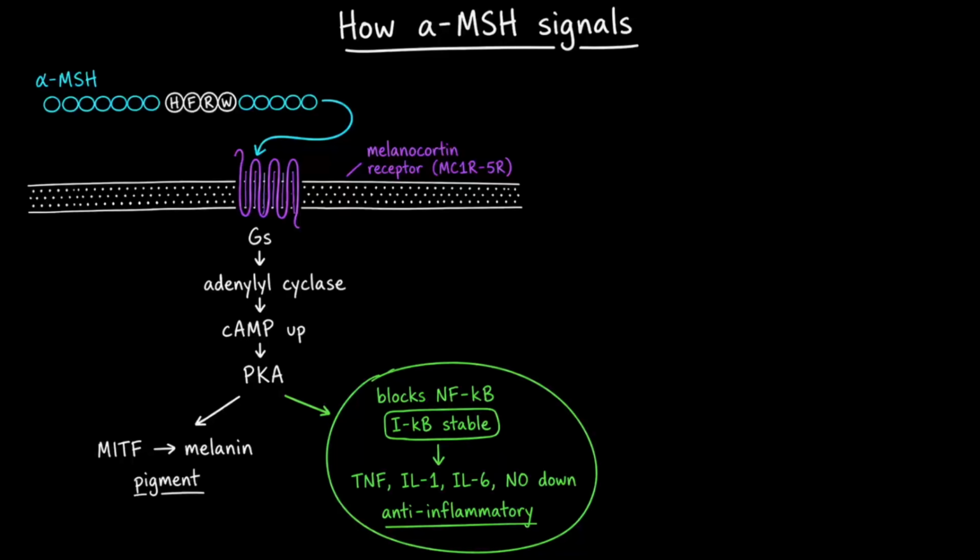So there it helps block something called NF-kappa B, another signaling molecule, an inflammatory upstream molecule. It helps block NF-kappa B activity, and it keeps this other molecule, we can just call it IKB, stable rather than letting it get degraded.